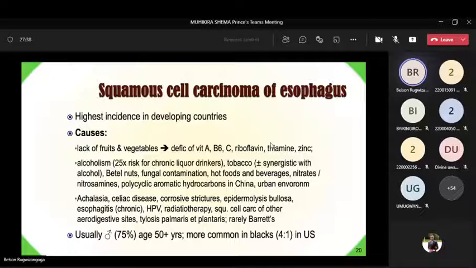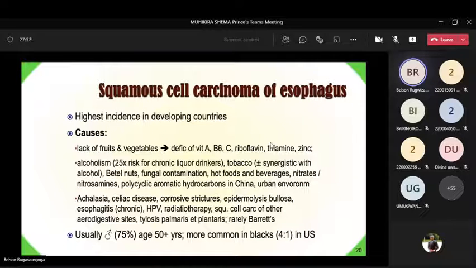When you ingest nitrosamine, when it arrives in the stomach, in the gastrointestinal tract, it will be transformed by the gut bacteria, the normal flora, into nitrates, which are carcinogenic.